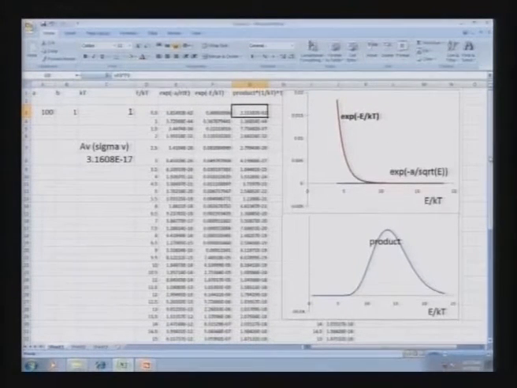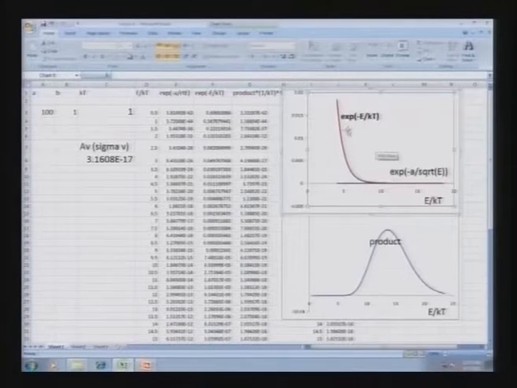You can see the red line here and a blue line here, hardly visible. This red line is for e to the power minus capital E by kT, it decreases exponentially.